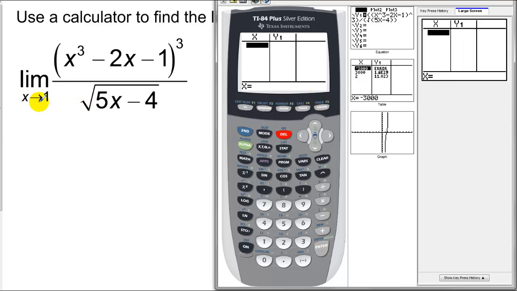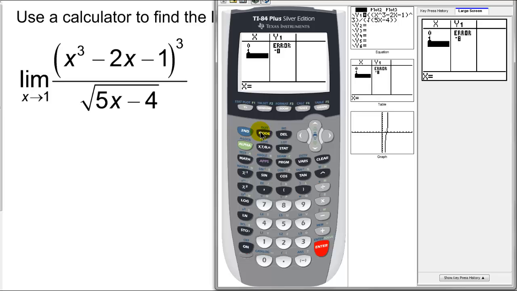And what I want to do is find out what happens when I'm close to 1. Not at 1, but close to 1. And how close am I talking? Is it good enough to be at 0 and 1? Well, you'll see if I plug in 0, I get an error on this function.